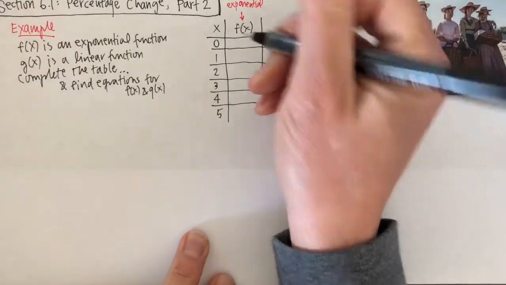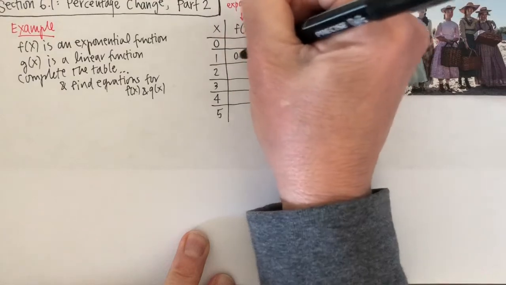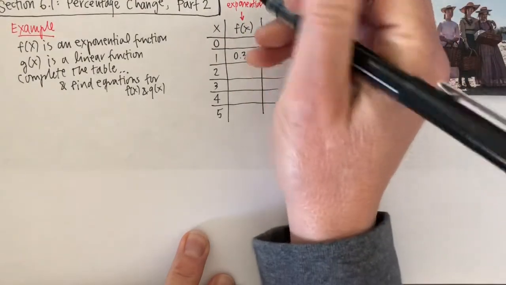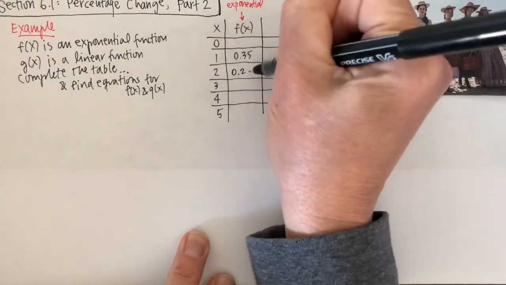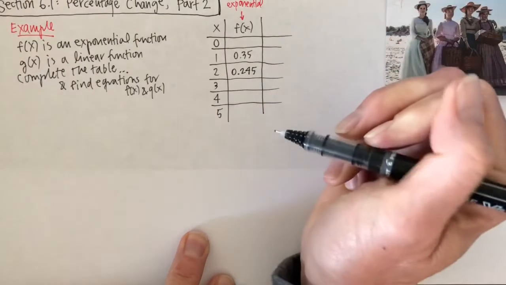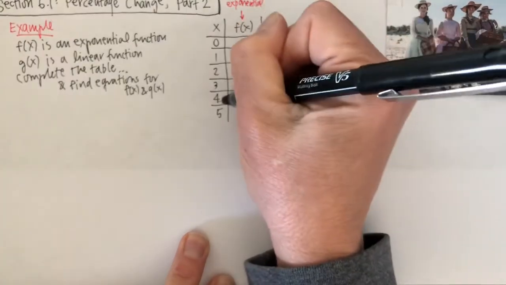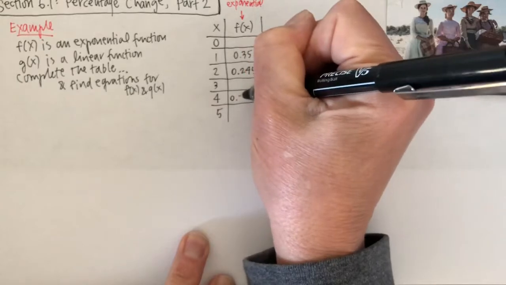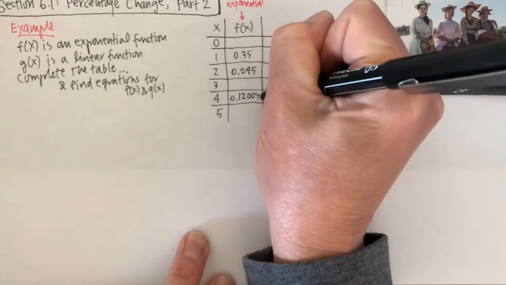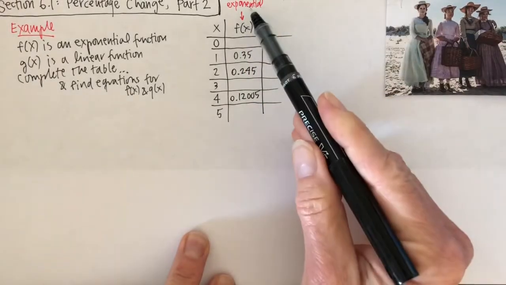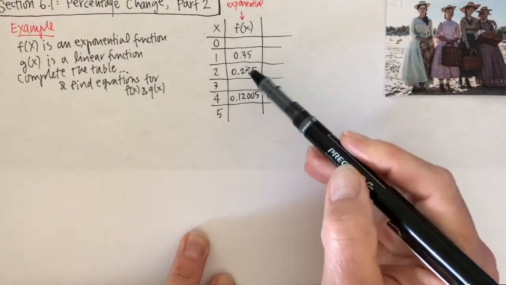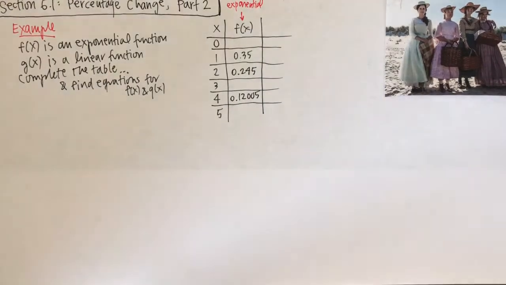The ones that I know are, if the input's 1, the output is 0.35. If the input is 2, the output is 0.245. And the only other one I know is when the input is 4, output is 0.12005. From this information and knowing it's an exponential function, I need to fill in the blanks and come up with a formula for f of x.